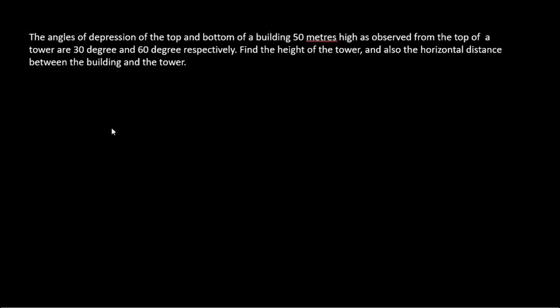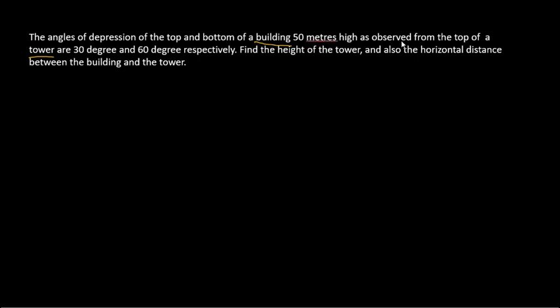Whenever you are given such a problem, you should be able to identify the objects, that is the heights and the distances. The height objects should be indicated here. So what are the objects here? Building, this is one object, and another is tower. And the building height is given as 50 meter.